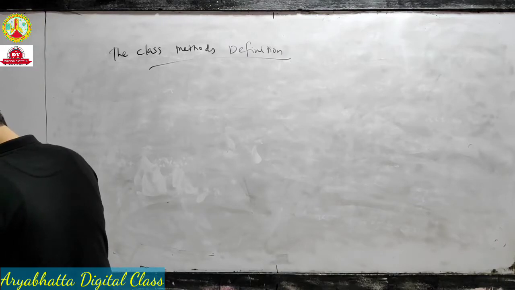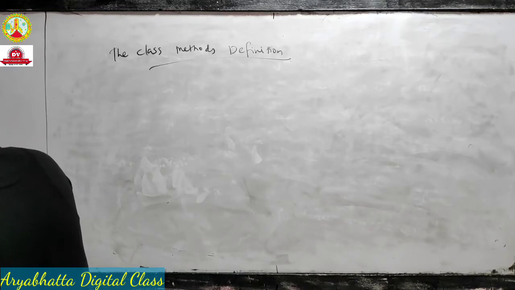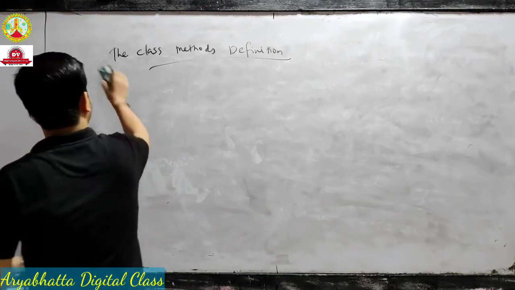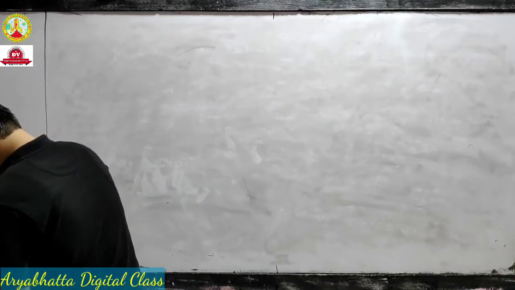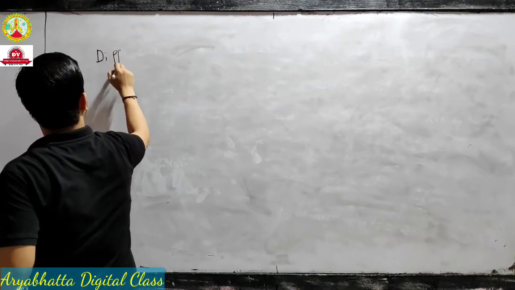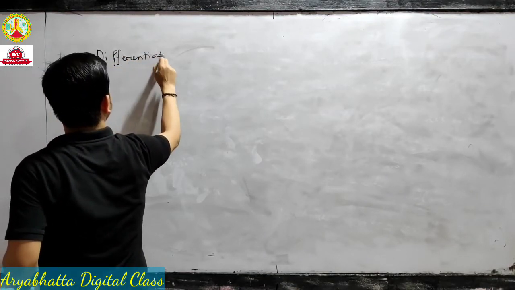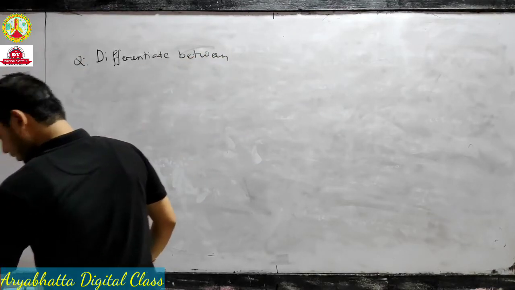You see, write down a question. This is very important. First of all, write down a question. Differentiate between public and private visibility modes.